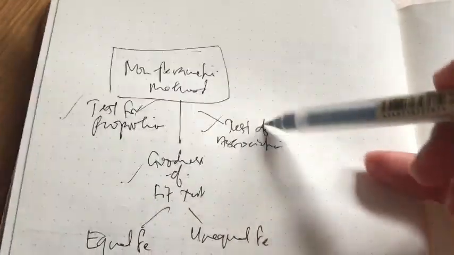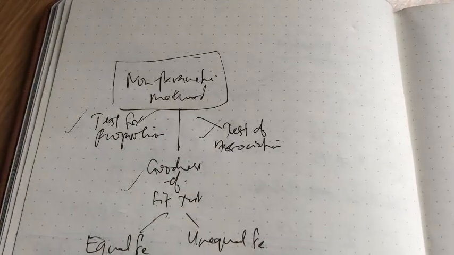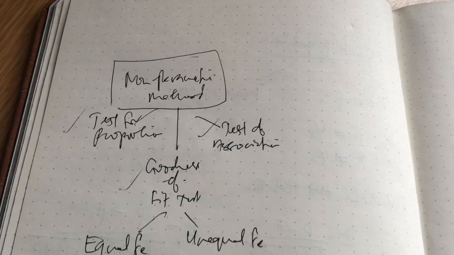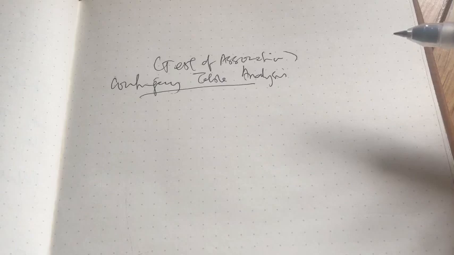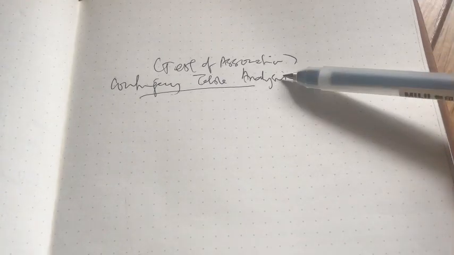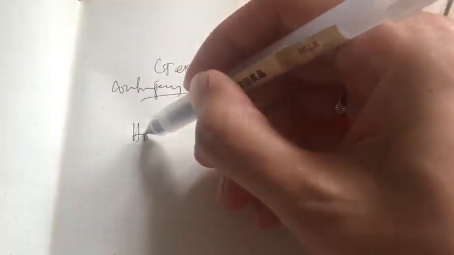Now finally, let's look at the test of association, also known as the contingency table analysis. We use this test when we want to see if there's any relationship between two qualitative variables. What that means is if your variables are qualitative and nominal or ordinal in nature, we can use this test of association. So how do we write the hypotheses?